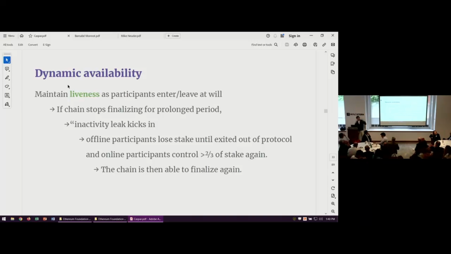This means the online portion of the validator set will increase in share of total ETH staked, meaning at some point the online portion controls more than 2/3 of all stake again, which means you can finalize again.